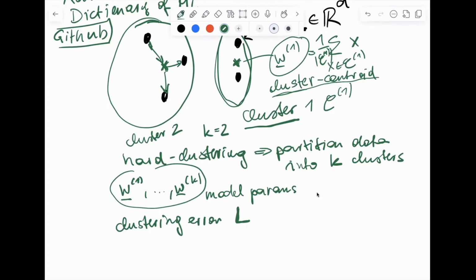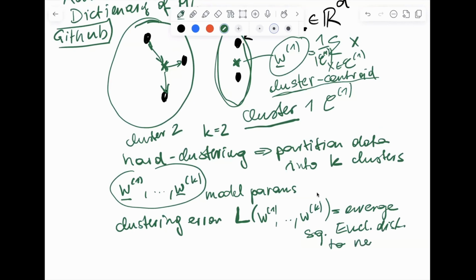So we define the clustering error loss as a function of the cluster centroids as the average Euclidean, or let's be precise, squared Euclidean distance to the nearest cluster centroid. Okay.